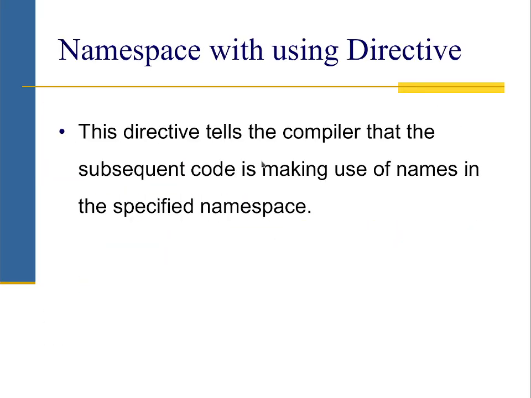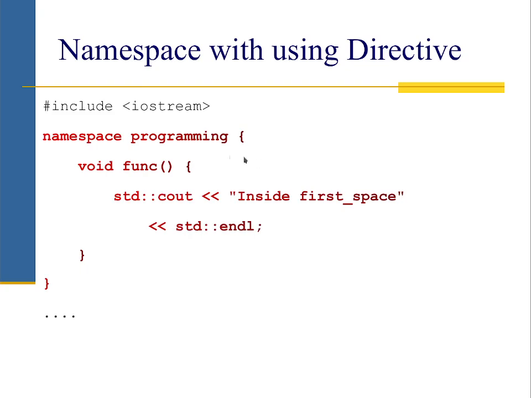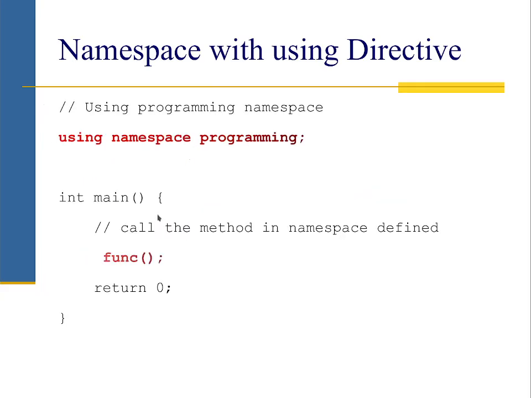Now the namespace with using directive. This directive tells the compiler that the subsequent code is making use of names in the specified namespace. So here, for instance, using namespace programming.